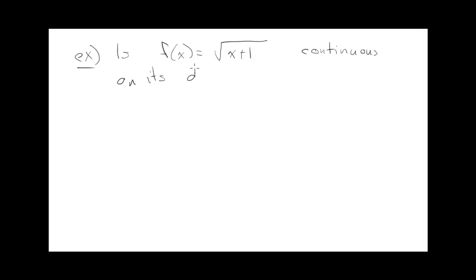Now here's the one that throws people off. Is f(x) equals the square root of x plus 1 continuous on its domain? Let's graph what this looks like. So the square root of x plus 1 is a square root function, shifted 1 to the left.